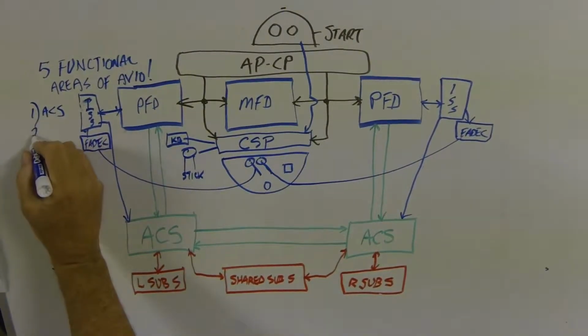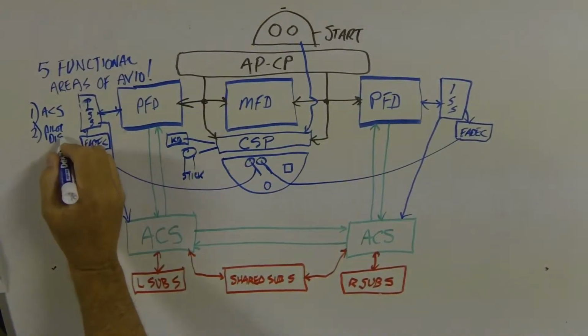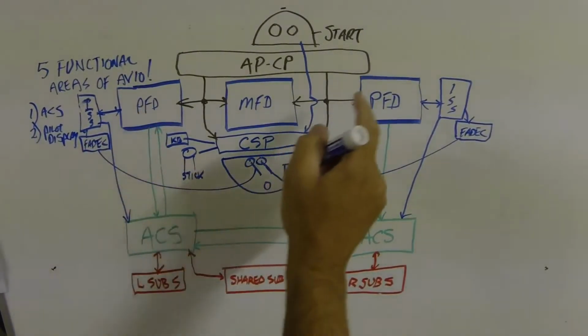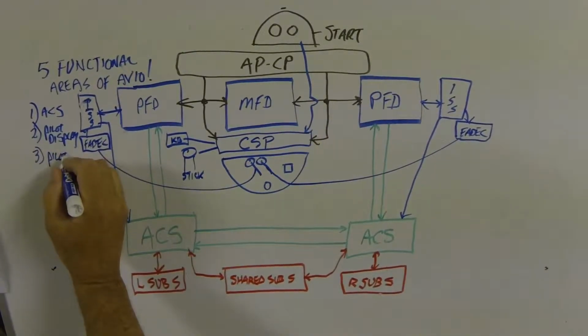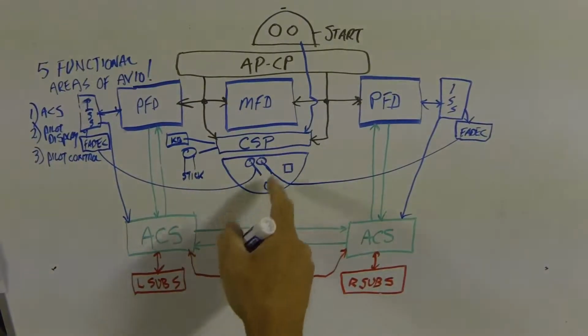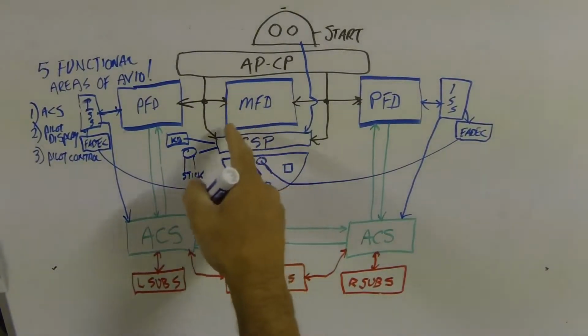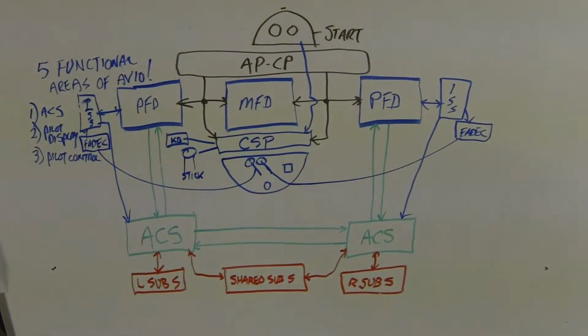What are the 5 functional areas of Avio? Well, number 1, we've got redundant autopilot aircraft computer systems. Number 2, we have pilot displays. Number 3, we have pilot controls such as flaps or rudder trim, or the line select keys on the PFDs and the MFDs.